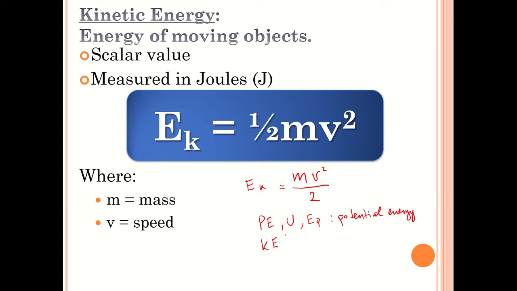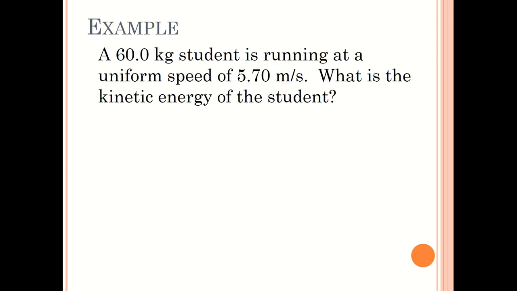Some textbooks will use KE for kinetic, and of course we're using just the subscript to be more explicit, and that's kinetic. So just in case you encounter some resources or some other videos where you see these, just so you know what those mean. So anyway, let's take a look at how we can use this equation.